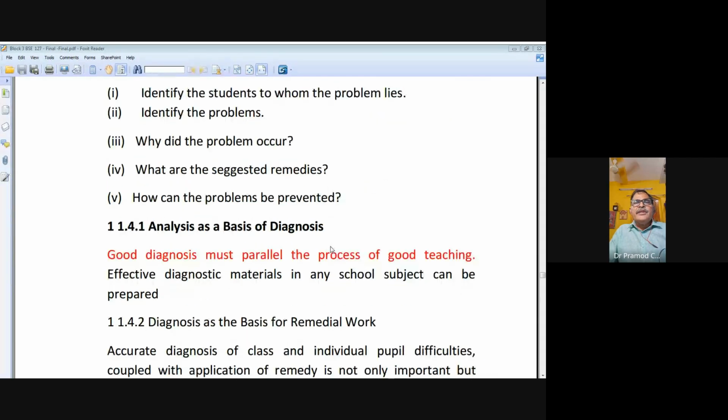So if there is a good diagnosis, then automatically good teaching will be helpful. If good diagnosis and good teaching go in a parallel way, then it will have a greater effect and be more effective for the students' enhancement of knowledge.